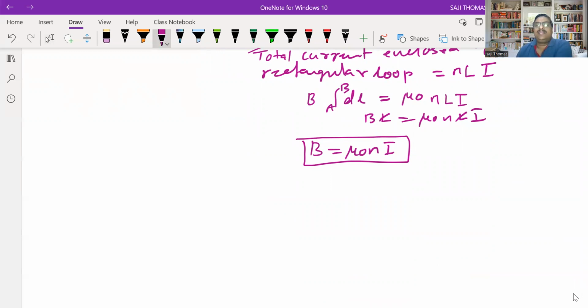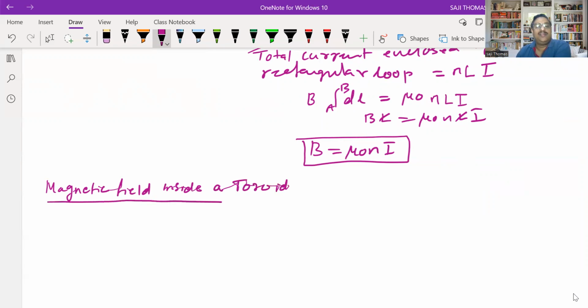Now, the third application of Ampere's circuital law, we are going to find out the magnetic field inside a toroid. What is a toroid? You take a circular ring, wind a large number of turns of a wire.